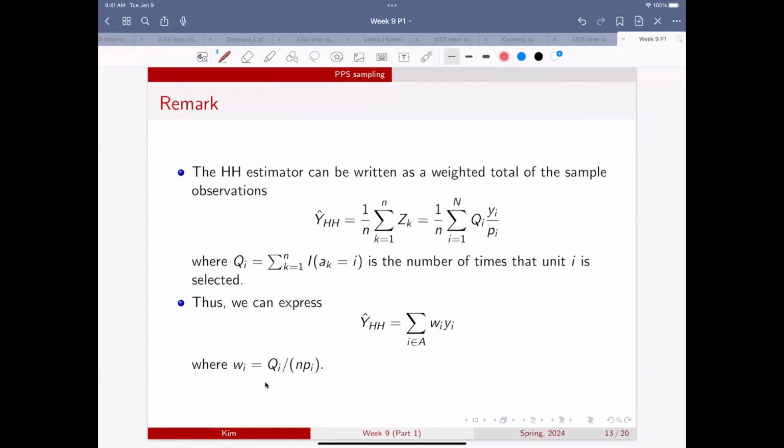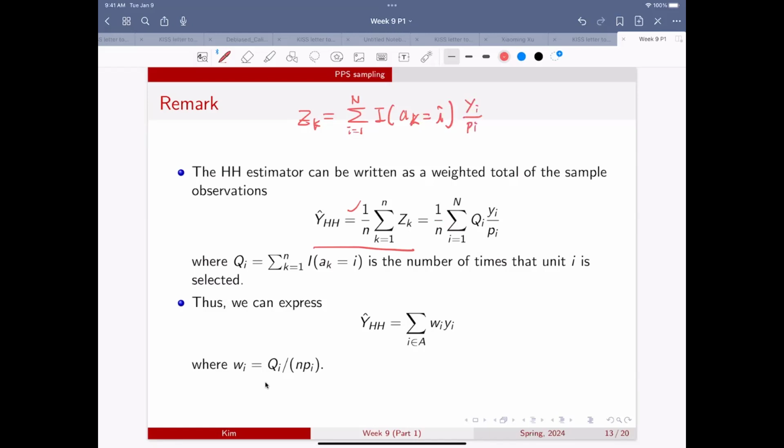So let me show, if you write it this way, this part is okay. And what is Z_k? Z_k is the summation over i equal to 1 to capital N of the indicator that a_k equals i, divided by p_i.